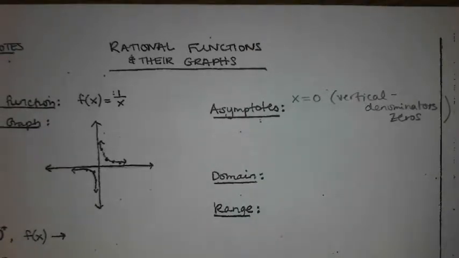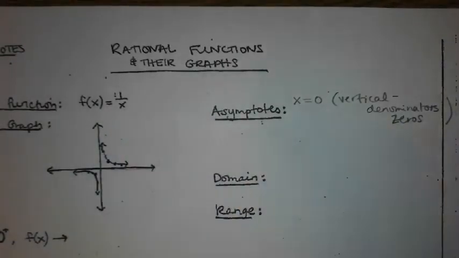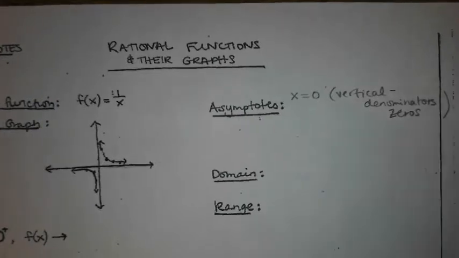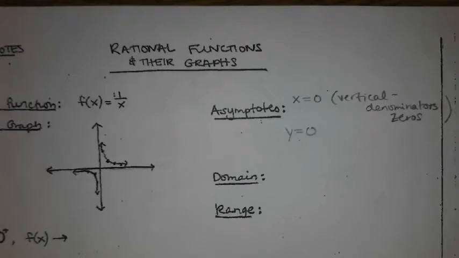The 1 in the numerator is constant, and in order for a fraction to equal 0, the what needs to equal 0? The numerator. In order for a fraction to ever equal 0, the numerator needs to equal 0, and that will never happen because the 1 is glued in there. Yes? So we get a horizontal asymptote at y equals 0 in our parent graph.